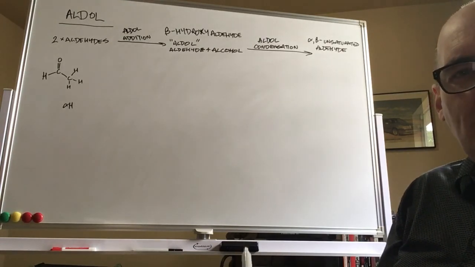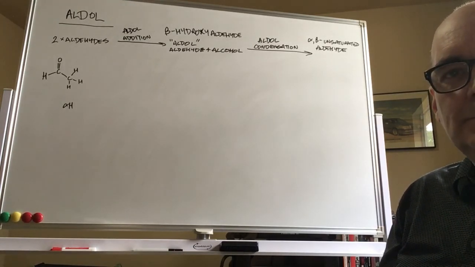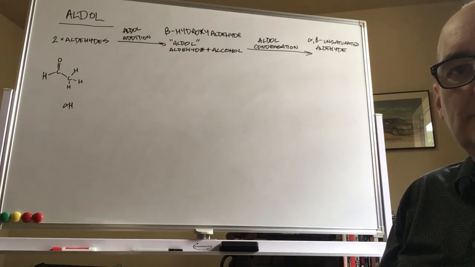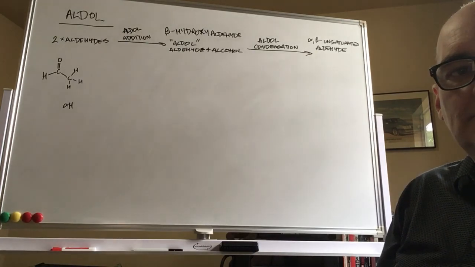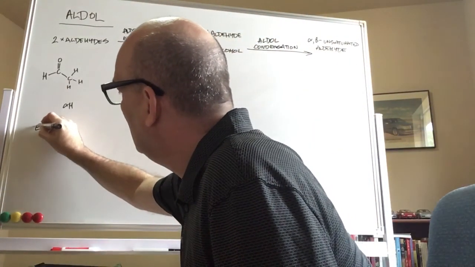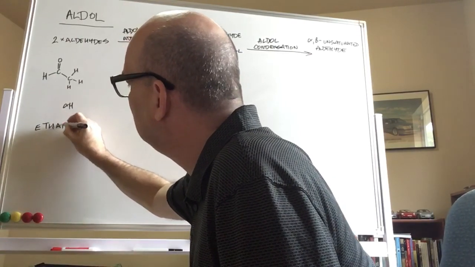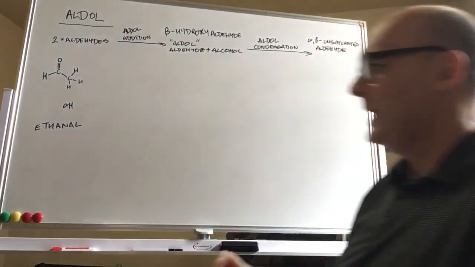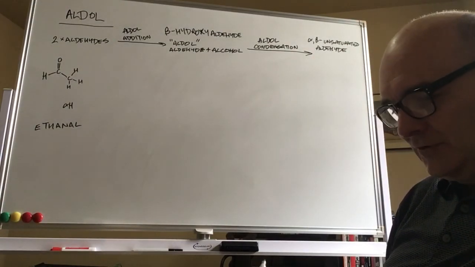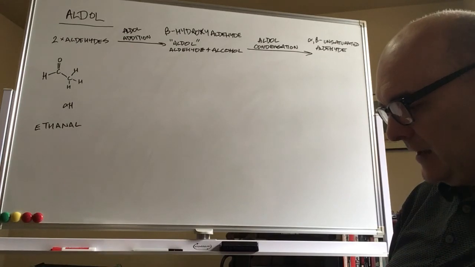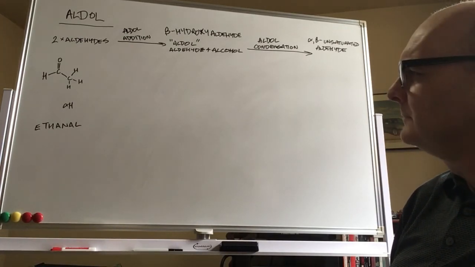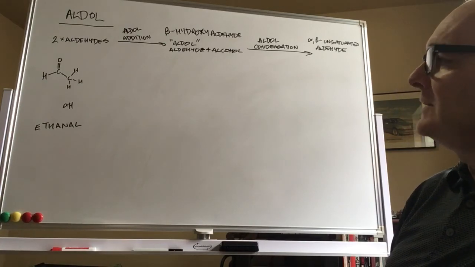What's the name of this molecule? Ethanol. Yeah. This is an aldehyde. So it ends in an al. And there are 2 carbons, so this is ethanal, also known as acetaldehyde. Don't call it acetaldehyde. I'm going to need a base.